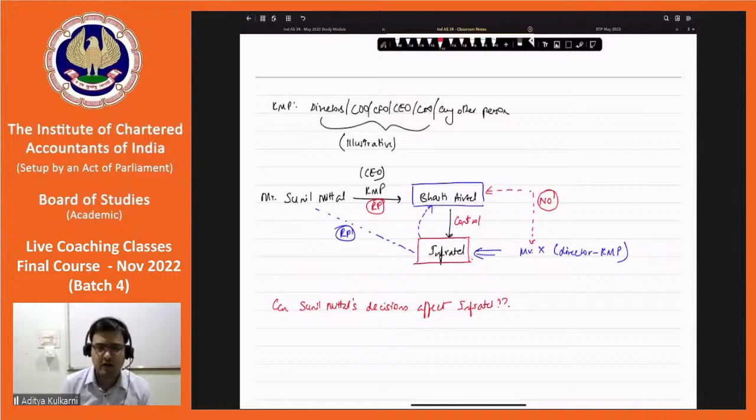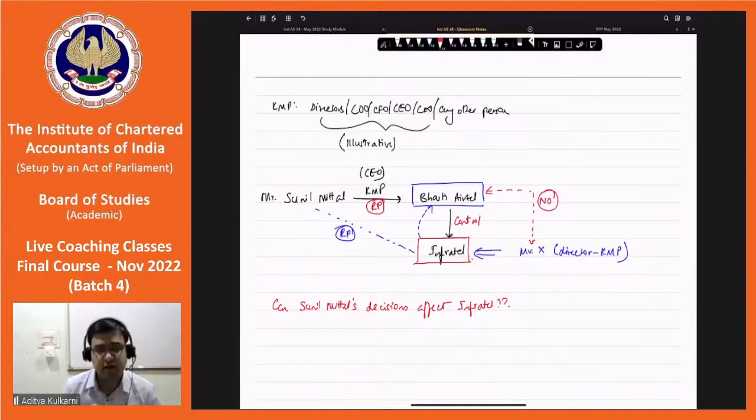And therefore, if a person is a KMP of a subsidiary, he will be related to the subsidiary, but he will not be related to the parent. But if a person is a KMP of a parent, then that person will be related to the parent also, to the subsidiary also. Is it okay?